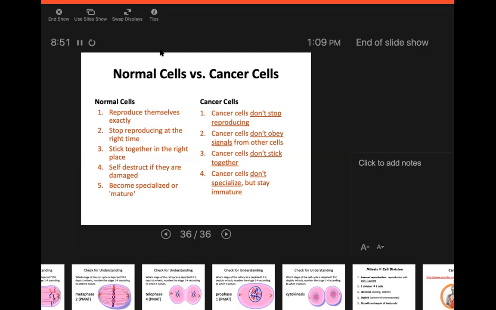So once they differentiate, they have a job. Cancer cells don't specialize, and you saw how rapidly they reproduce.